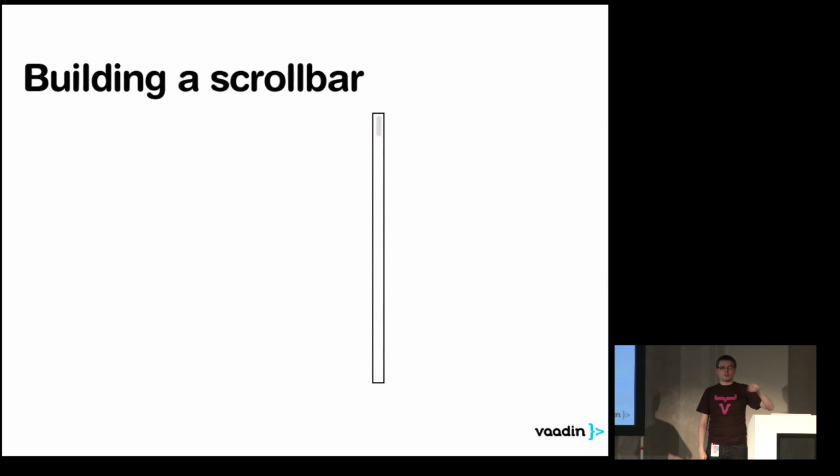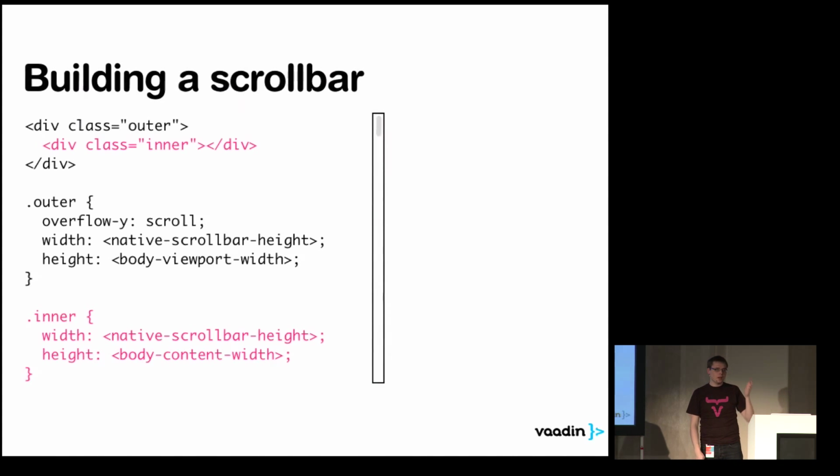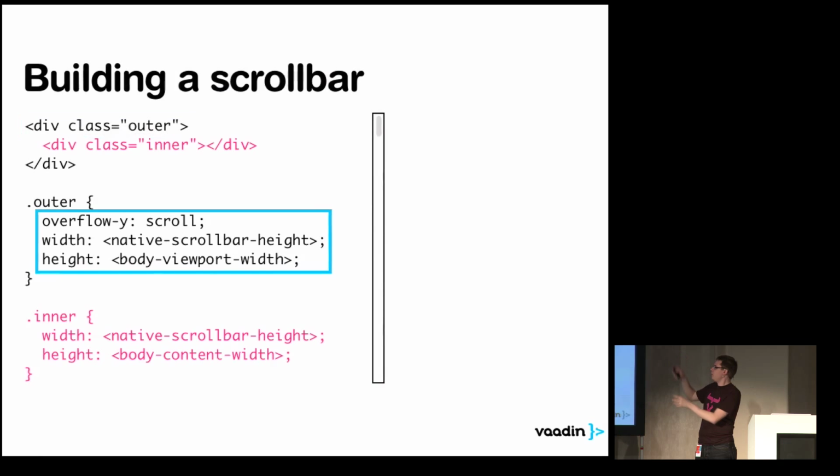And with these scroll bars, we then add scroll listeners to those, and whenever we get an event, we update the grid correspondingly. And the CSS for this is really trivial. We have an outer div, it has overflow either Y or X, depending on which way we go. Width of it is just the native scroll bar width, height, okay, I have a typo there.